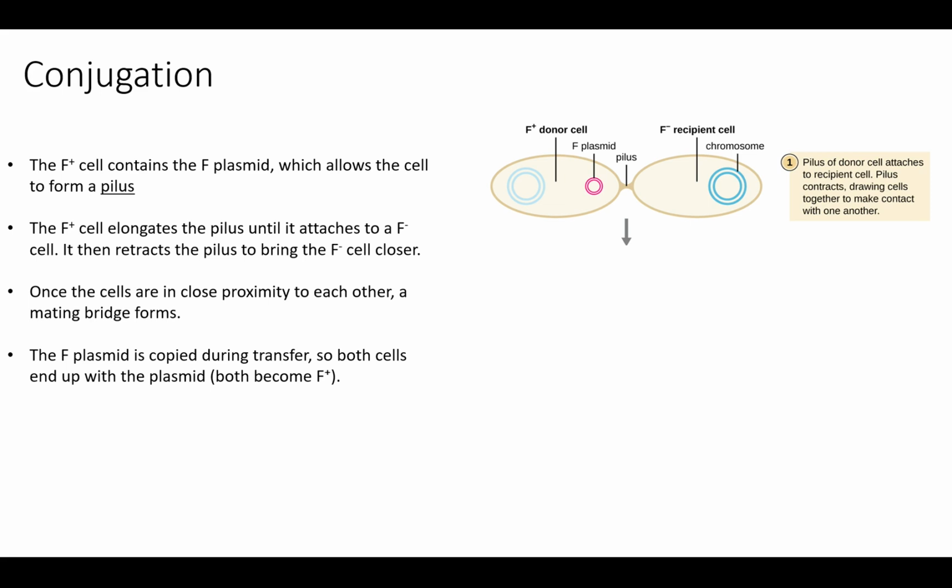All right, so remember the F plasmid is separate from the bacteria's chromosome. Okay, so the chromosome is in blue, the plasmid is in pink. And so the plasmid, notice that it looks similar to the chromosome. It is also a double stranded circular molecule, but again, it is extra chromosomal. That means it is not part of the chromosome.